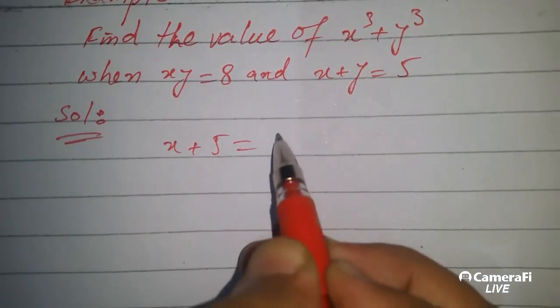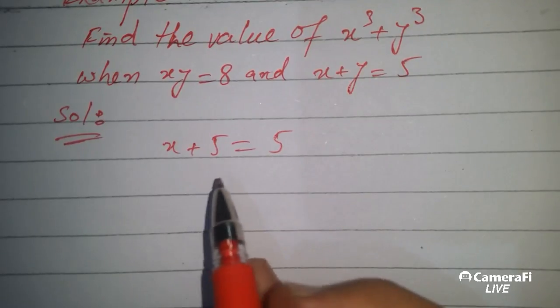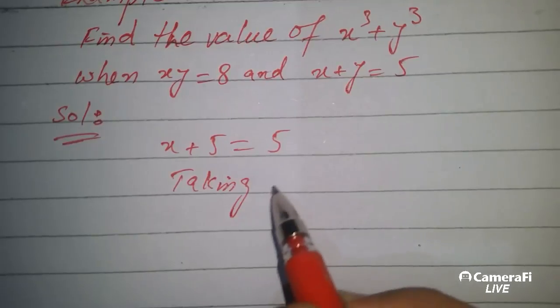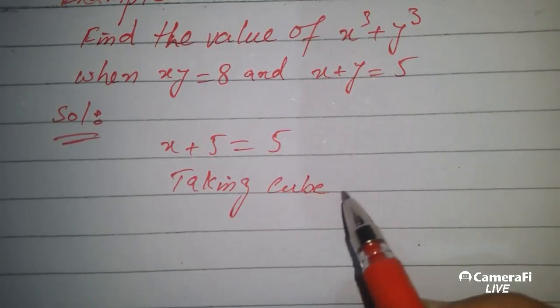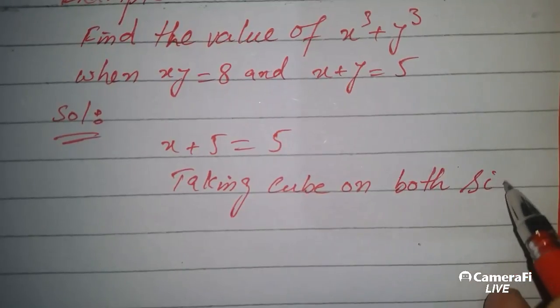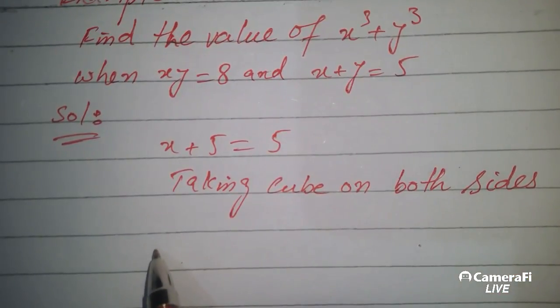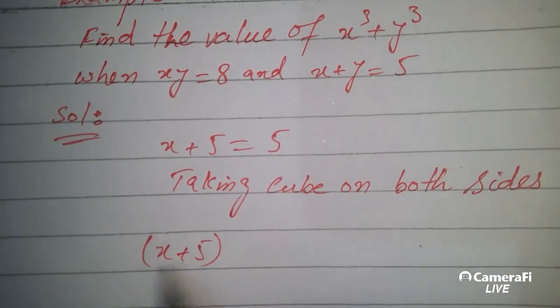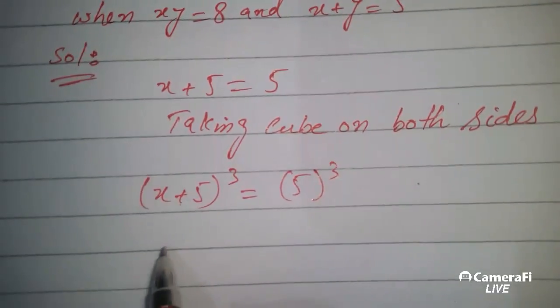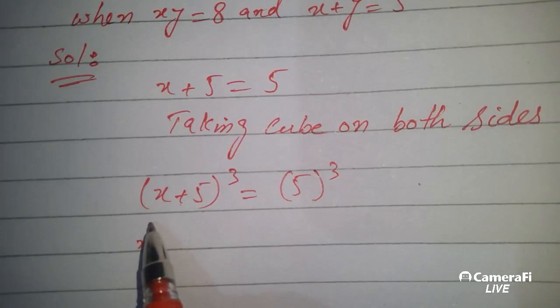x plus y equals 5, taking cube on both sides. x plus y cube, just applying the formula.